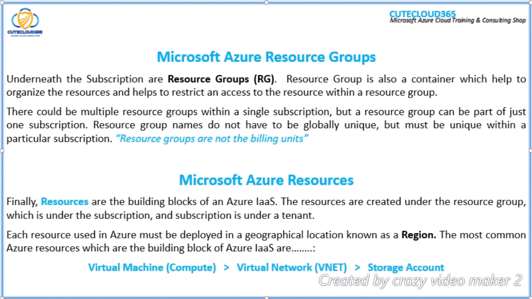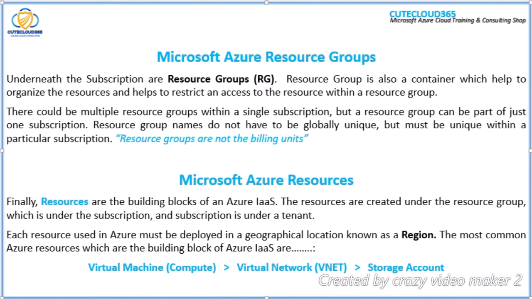Suppose you have two subscriptions, one for the application team and one for the infra team. Underneath the subscriptions, you have created different resource groups. Like in applications, you have created one resource group for the web application team and one for the database team.